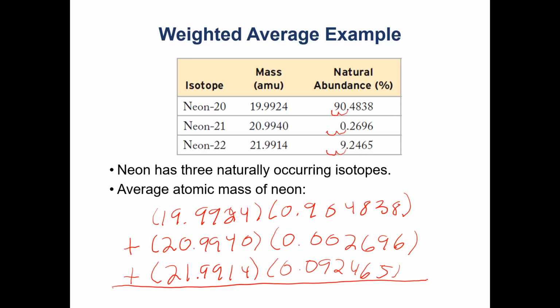So if you multiply 19.9924 by the percentage as a decimal and do that for each of your other isotopes, then when you add these together, what you should come up with is 20.1799 AMU.